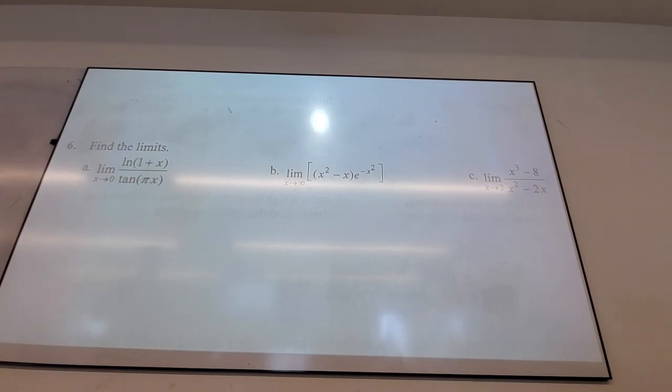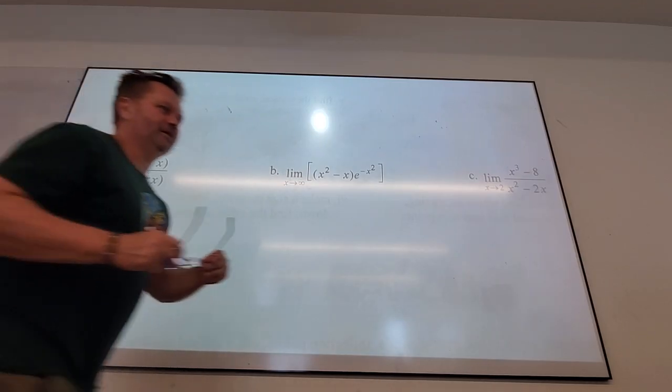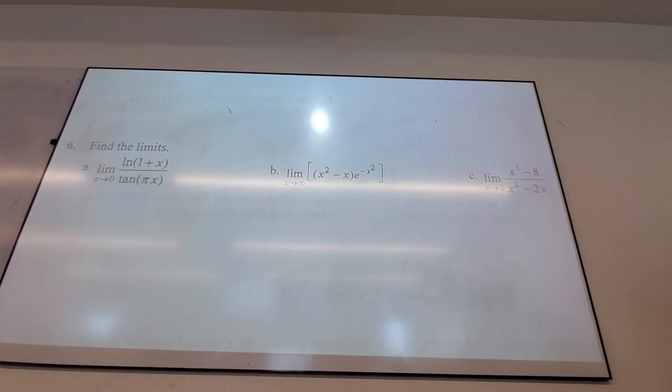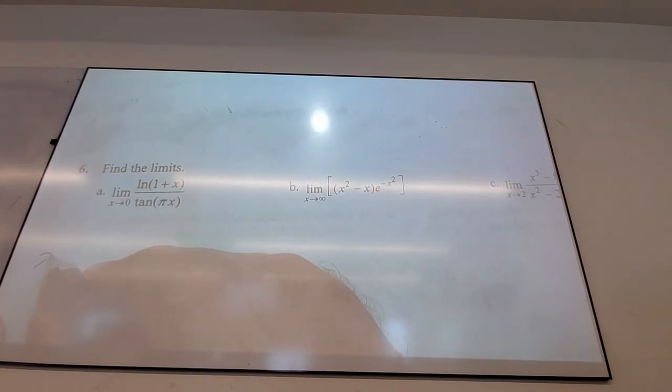And why am I allowed to apply L'Hopital's rule directly? There's already a ratio that's indeterminate. That's exactly when L'Hopital's applies. Okay? So then you do L'Hopital's. Now, the algebra part of this could get gross. So what's the derivative of the top? 1 over 1 plus x.